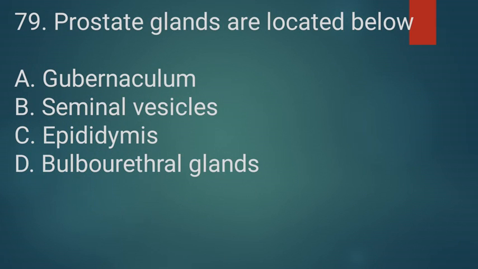Next question. Question number 79. Prostate glands are located below. Options are option A, gubernaculum, option B, seminal vesicles, option C, epididymis, option D, bulbourethral glands.